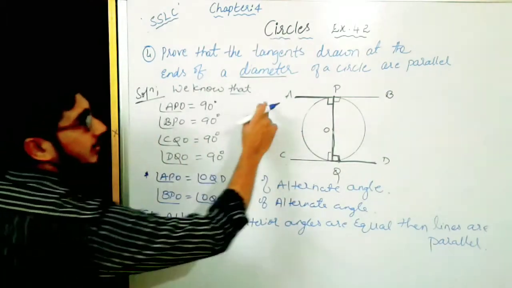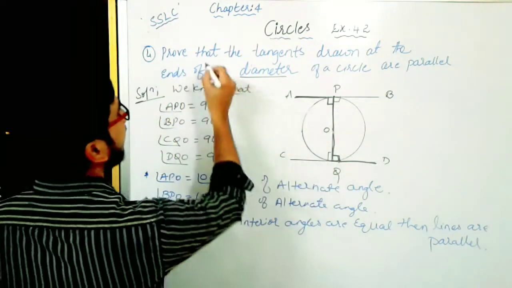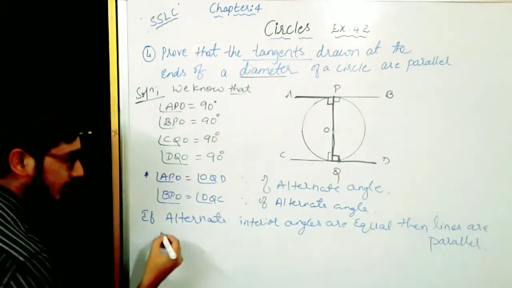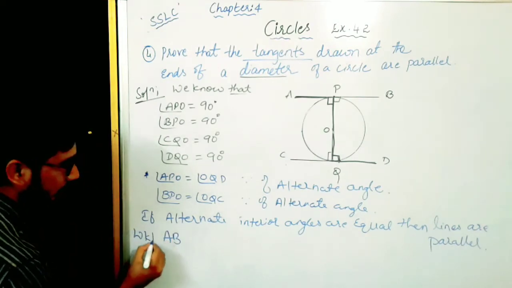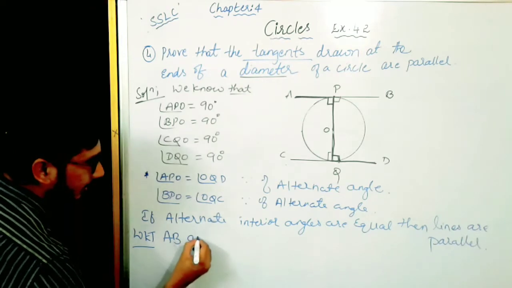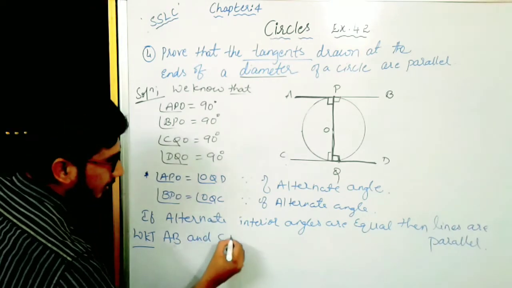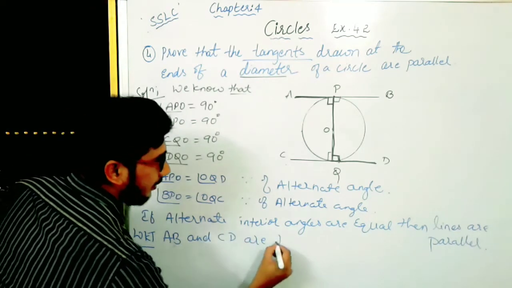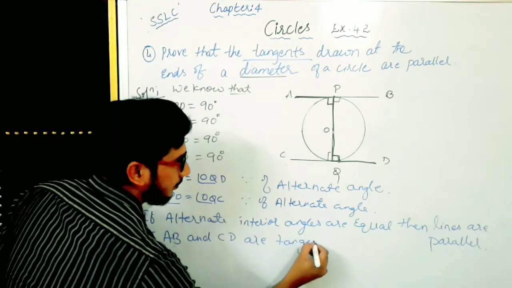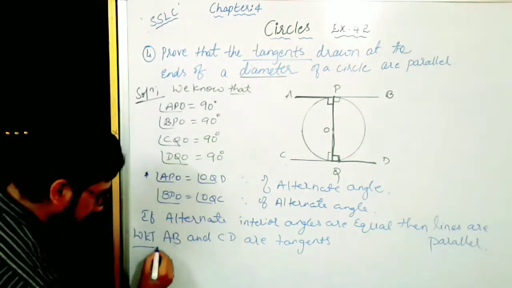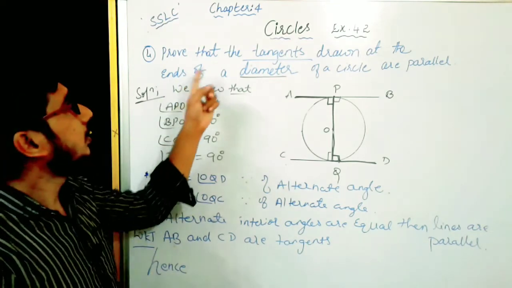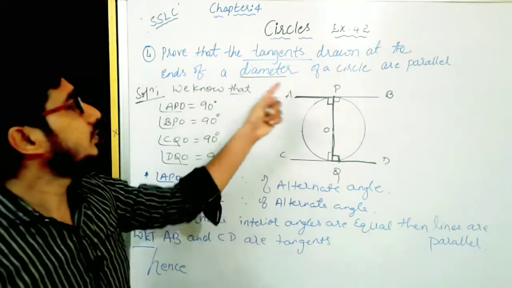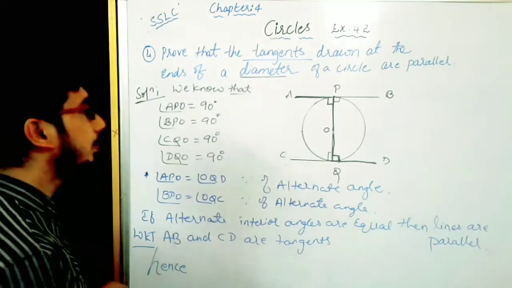We know that AB and CD are tangents. They are given. Hence, tangents drawn at the ends of the diameter of a circle are parallel.